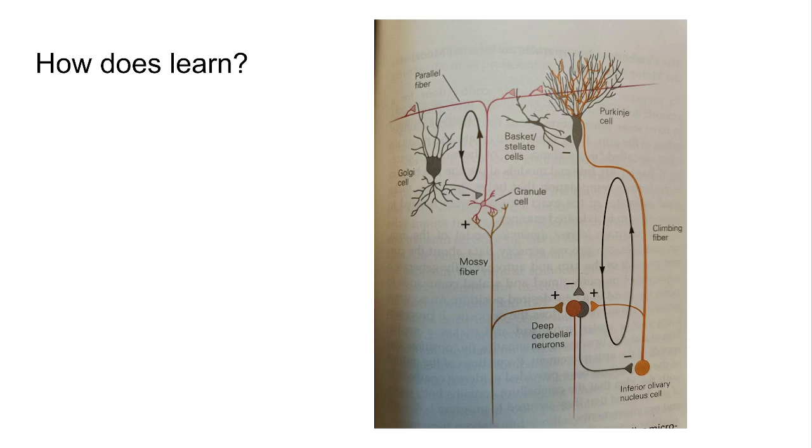So it makes many synaptic connections with a single Purkinje cell, and one climbing fiber connects to maybe a few different Purkinje cells. Also, these deep cerebellar neurons also get the input from the climbing fiber. And now, how this works is that the deep cerebellar neurons, nothing happens.